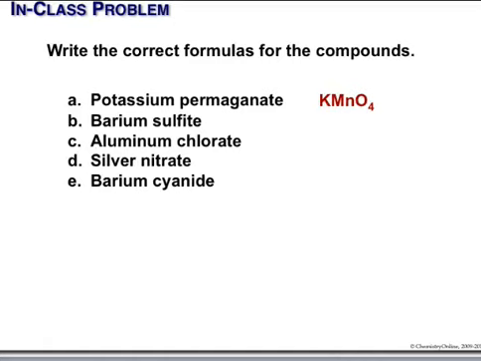We just did sulfite. If sulfate is SO4, sulfite is SO3. If sulfate is -2, sulfite is also -2. Therefore, 1 barium at +2, 1 sulfite at -2.